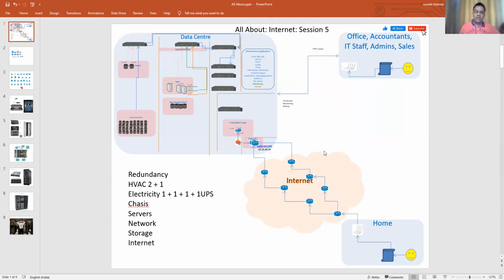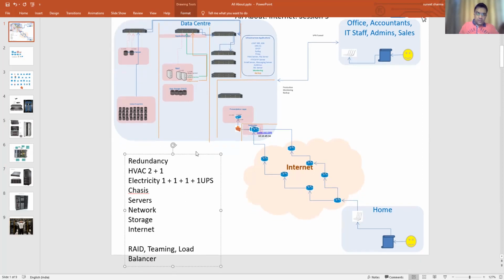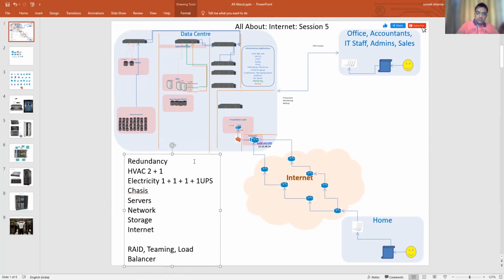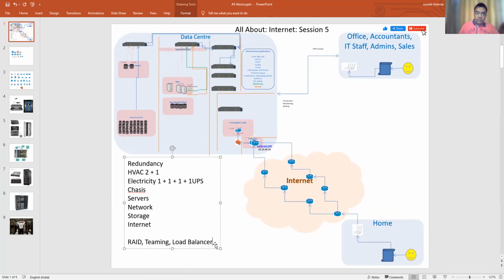Now, talking about application hosting, there are more technologies that we have to know. If I start, one thing I discussed with you was RAID. Another is teaming. I also discussed the load balancer. And one more thing is cluster.